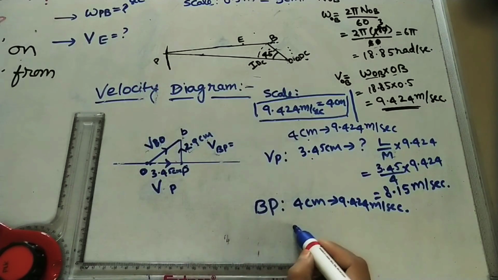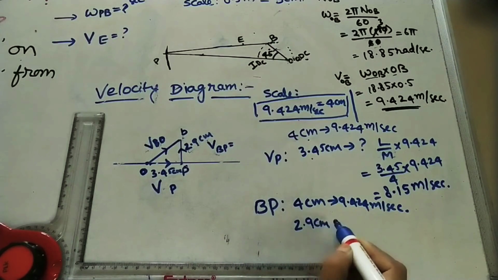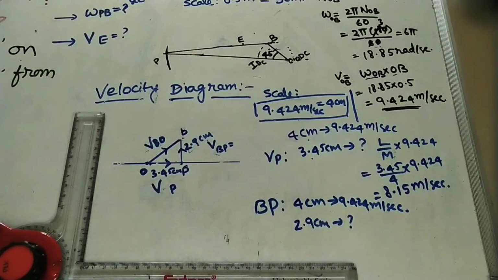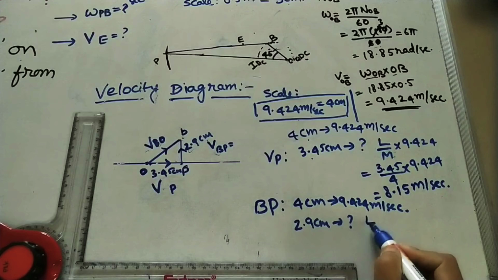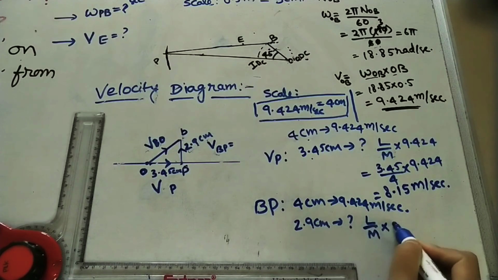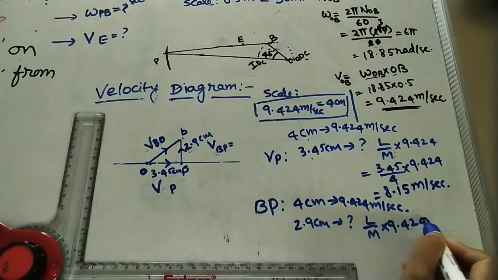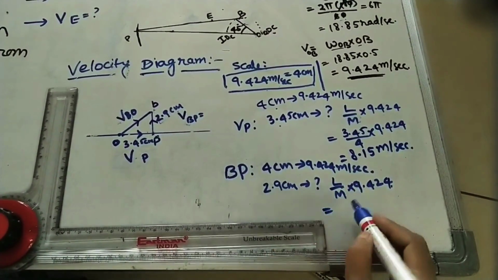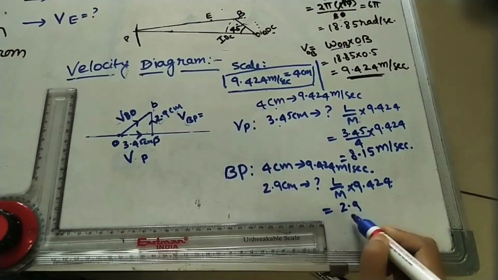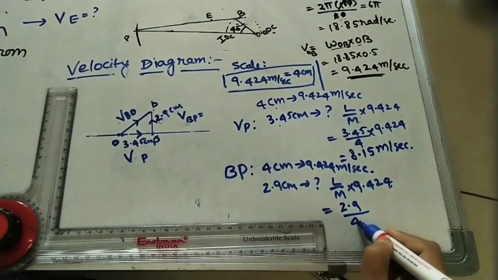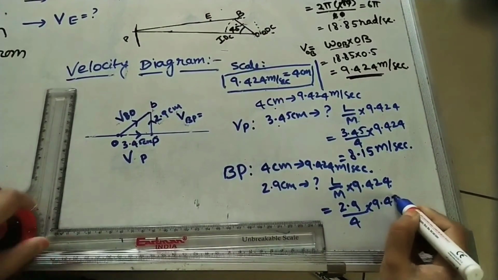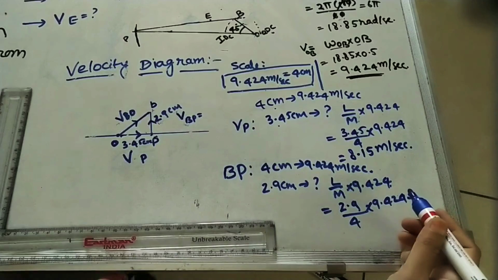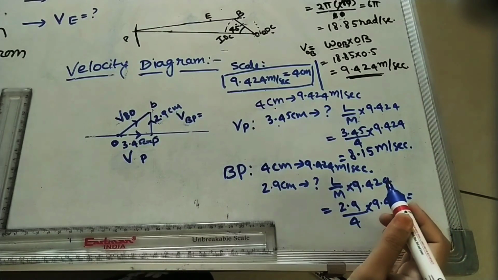For 2.9 centimeters, how much? For more value it is more, for less it is less. Less by more into 9.424, that is 2.9 by 4 into 9.424. By using the calculator, how much are we getting?